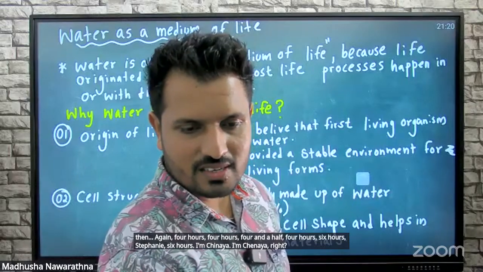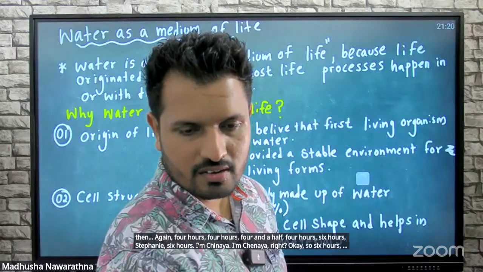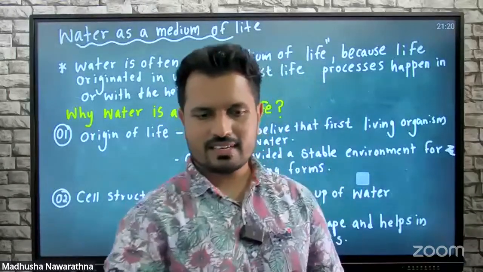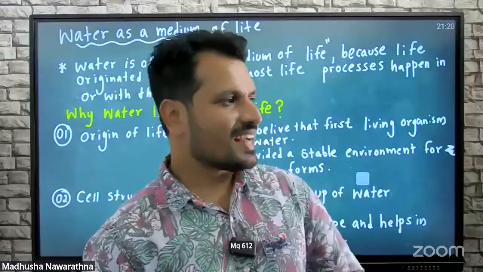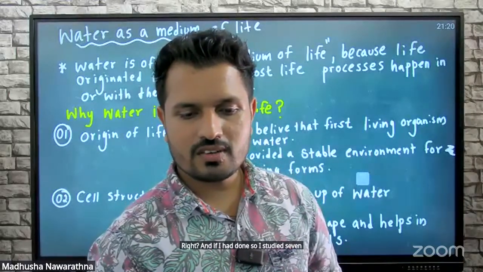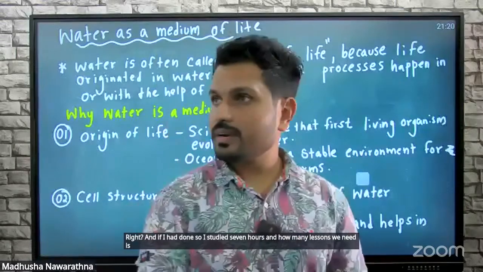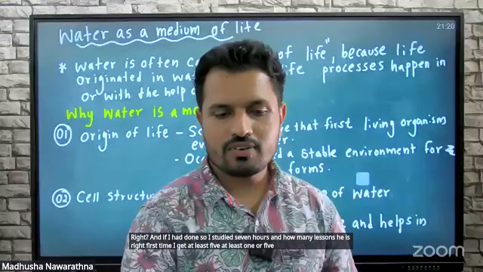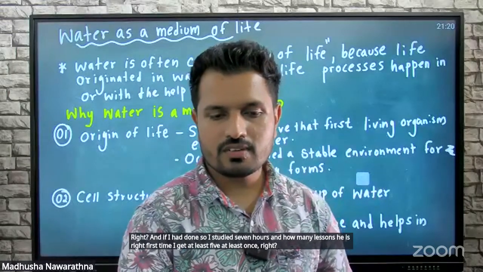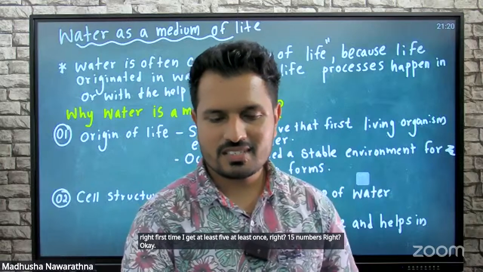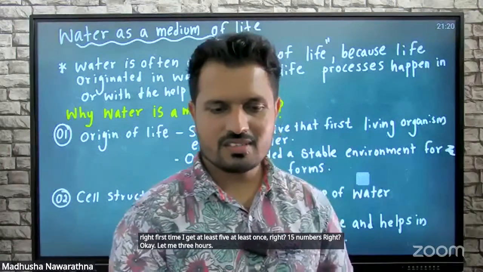So 6 hours, 4 hours, 3.5. Anita, I study 7 hours. And how many lessons in the first term? At least 5. Kavin, 15 hours. Me, 3 hours. 5 hours, Chanuti.